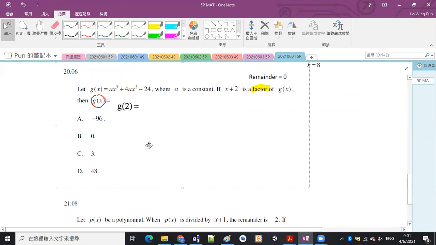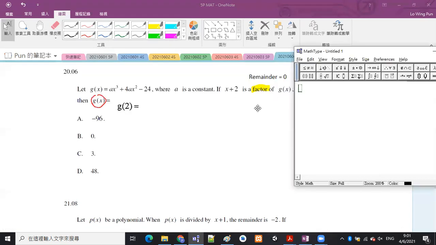Okay, but the calculation is actually similarly done. Like this, right? Gx is this, and x plus 2 is a factor of gx, so we have to put the remainder to be 0. So we need to calculate the remainder first. Remainder should be calculated by g number.